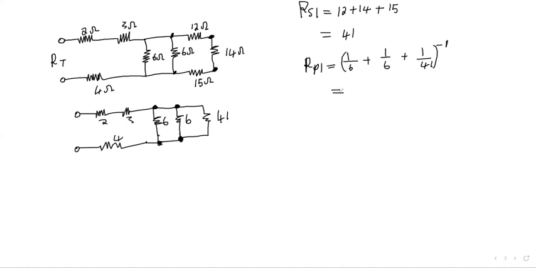So what is the total resistance? 1 over 6 plus 1 over 6 plus 1 over 41. The total resistance here for RP1 is 2.795 ohm.